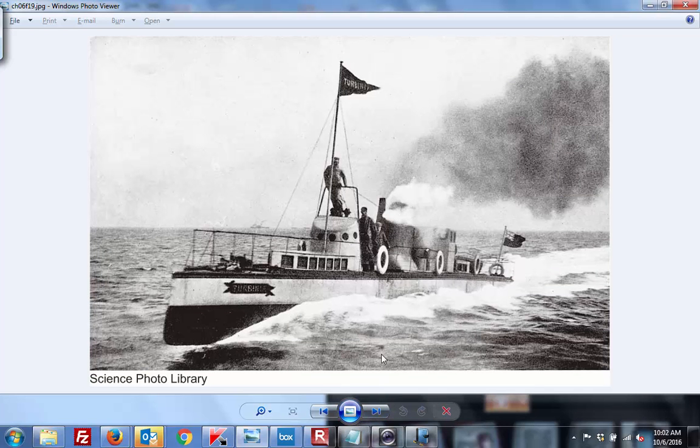Okay, so here's a turbine-powered boat. The captain there is looking pretty fly. So I'm going to do a little reading in here. It says, how efficient was this new form of steam engine?